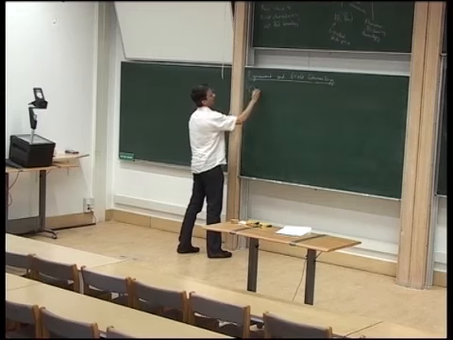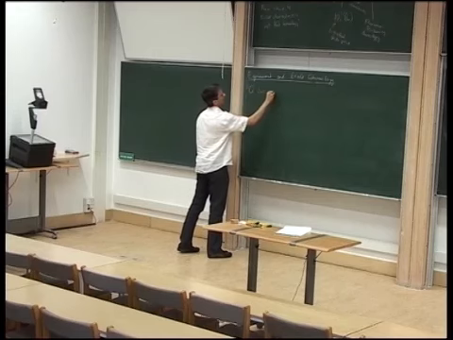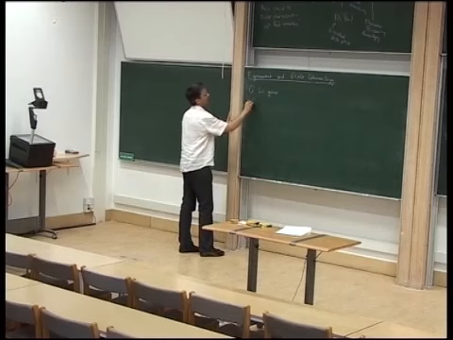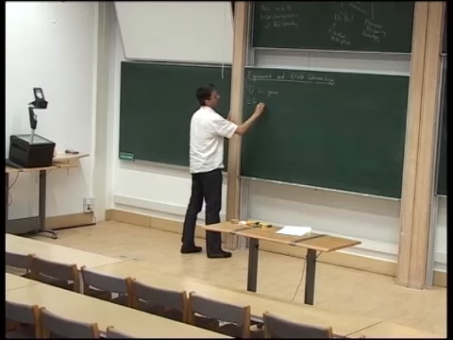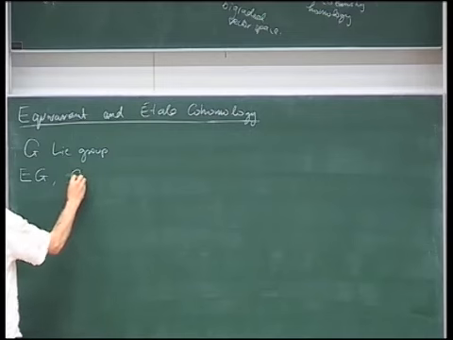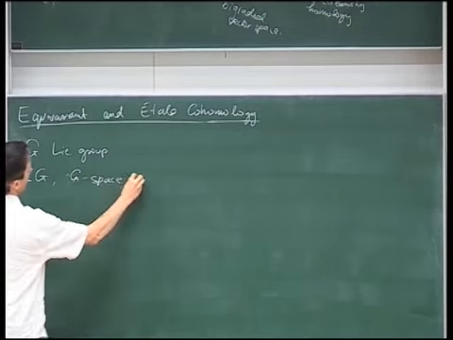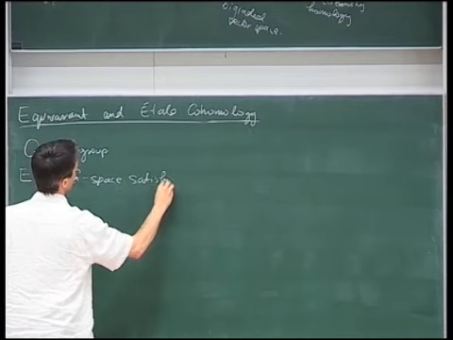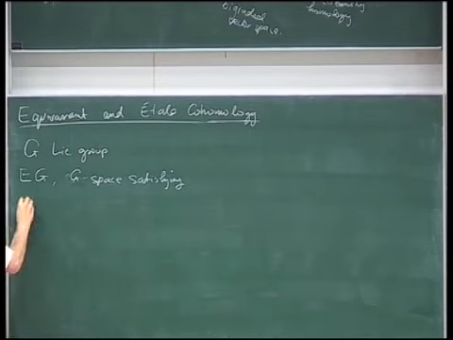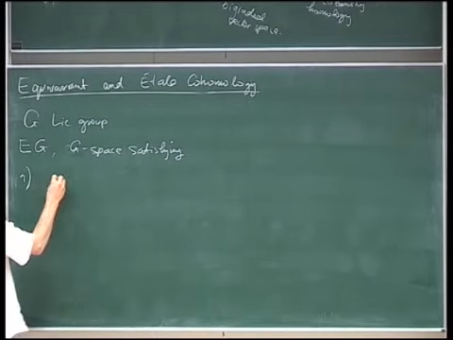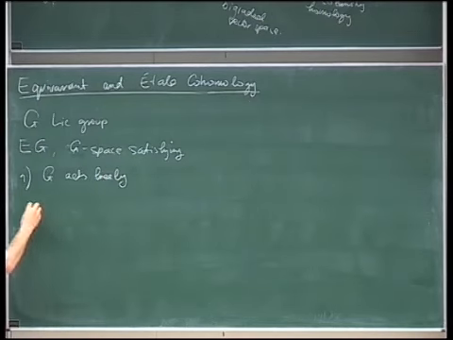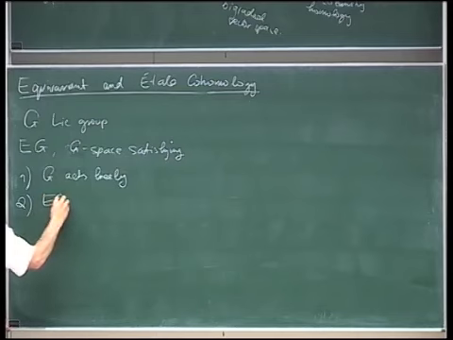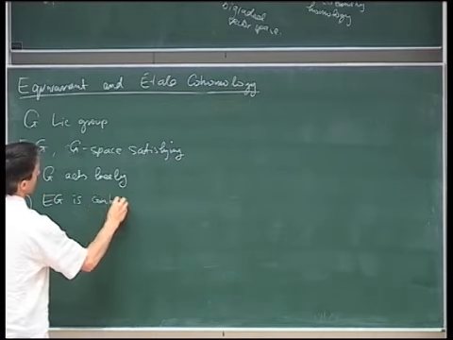If we have G, let's say a Lie group, then there exists a space EG, which is a G-space satisfying two conditions. Firstly, G acts freely, or topologically freely, and EG is contractible.